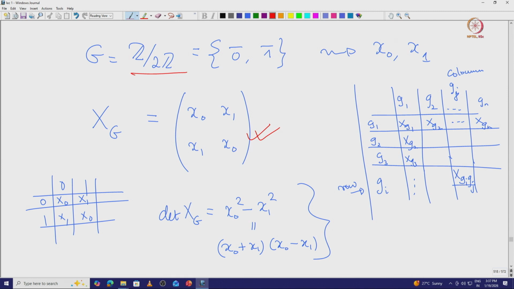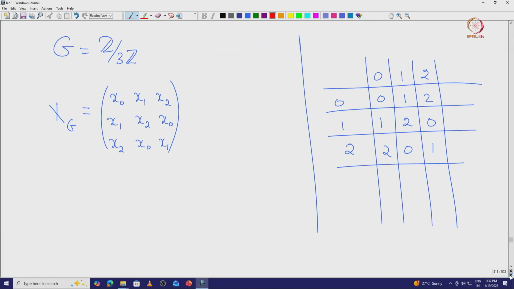So now let us look at this G modulo 3Z. Here the things are going to change. So we will rewrite this, and we are going to put x g inverse h as the matrix entry.